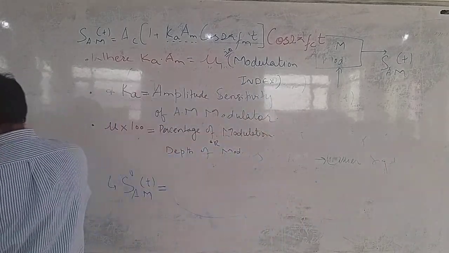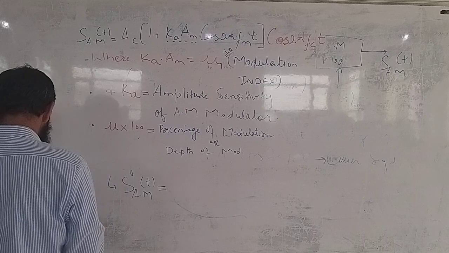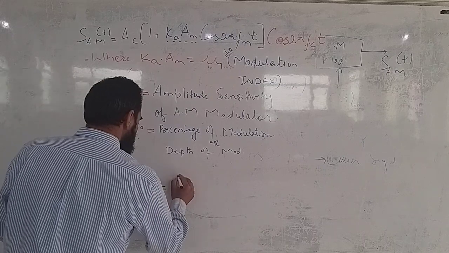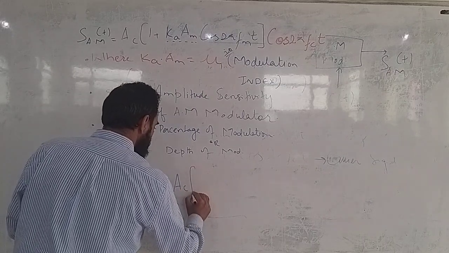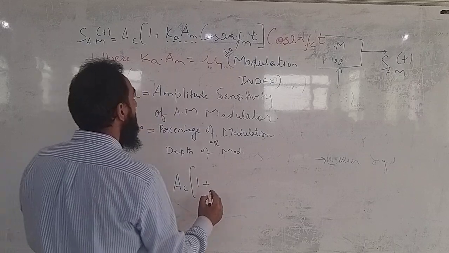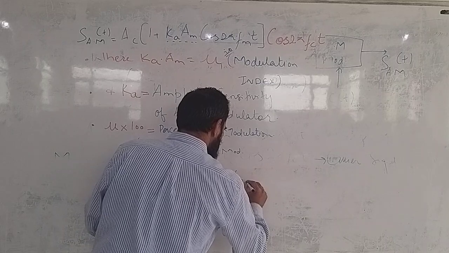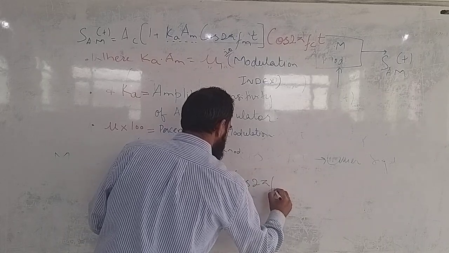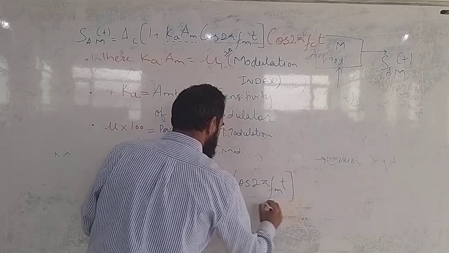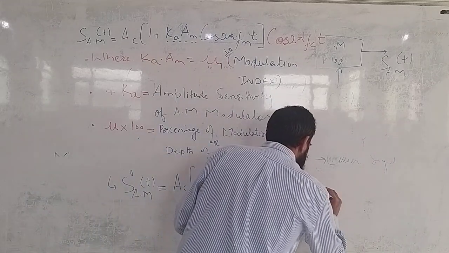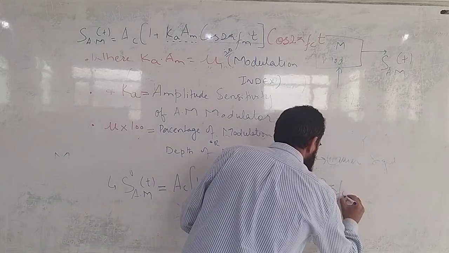So our final expression for AM happens to be AC 1 plus mu cos of 2 pi fmt into cos of 2 pi fct.